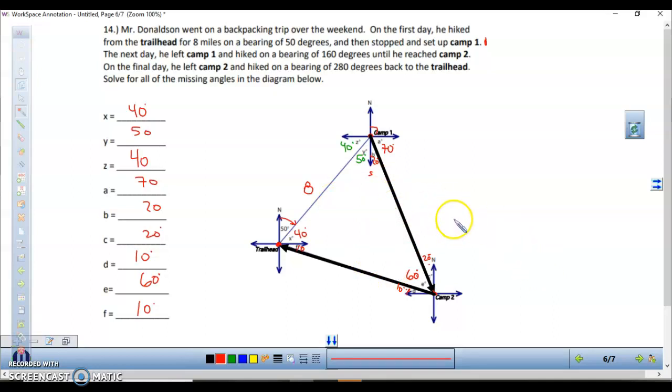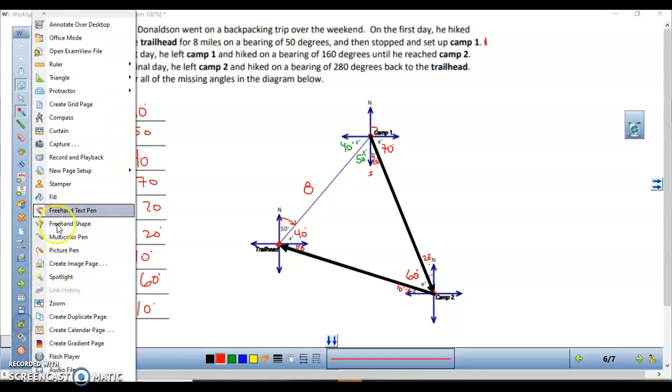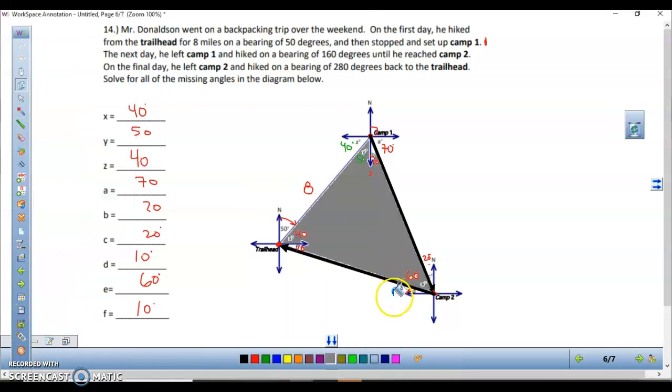All right, so the next step is to take all this information and put it into just the triangle. So all I'm going to do now is focus solely on the triangle. So I'm only going to look at that triangle. All right, I'm going to plug in all the angle measures I know. So I know that 40 and 10 is 50. I know that 50 and 20 gives me 70.